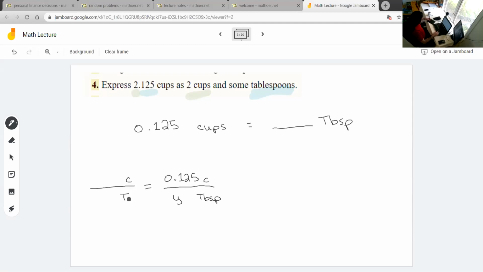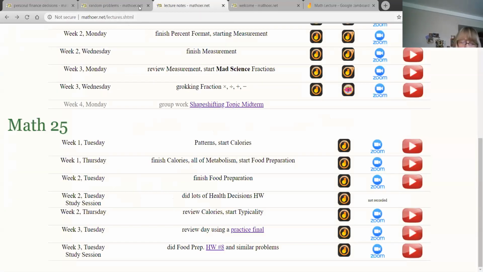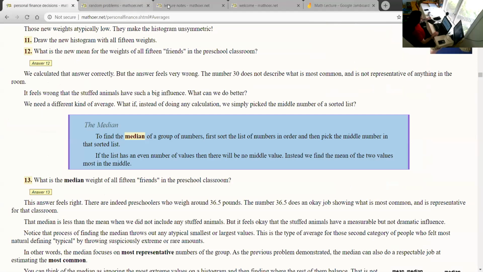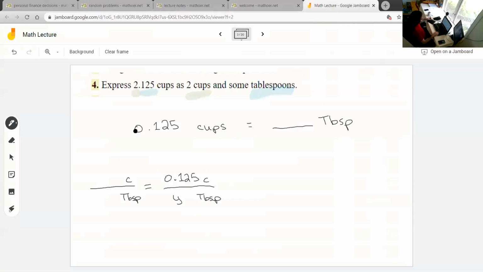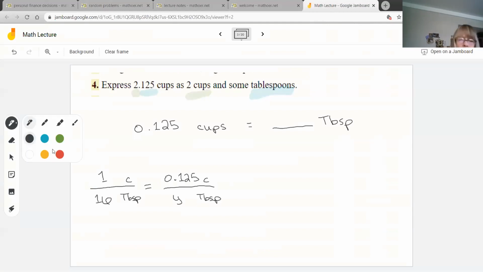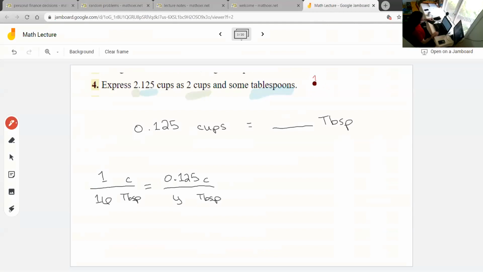So in general, how many cups are in a tablespoon? Or how many tablespoons are in a cup? For some reason, I want to say 16, but I'm not sure. Should we go back and look? 16 in a cup, yeah. So that's just something to have in our notes. So 1 cup equals 16 tablespoons.